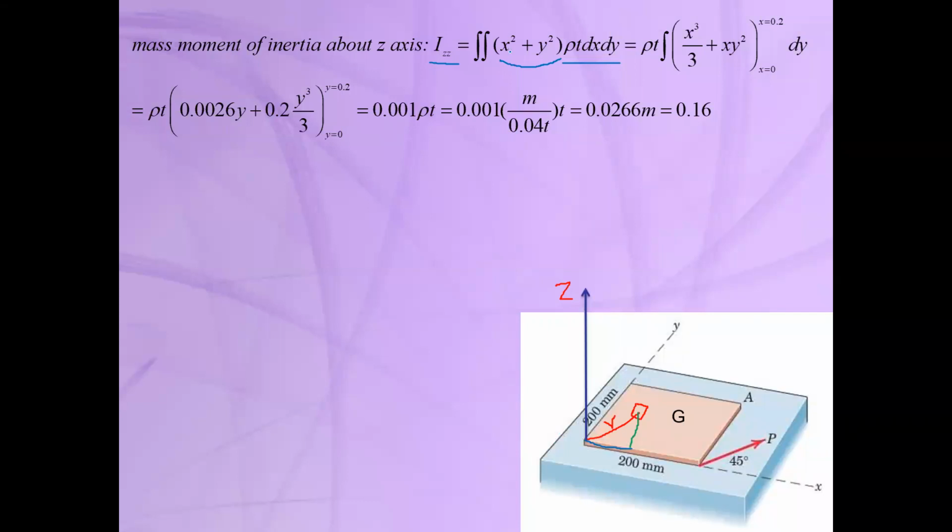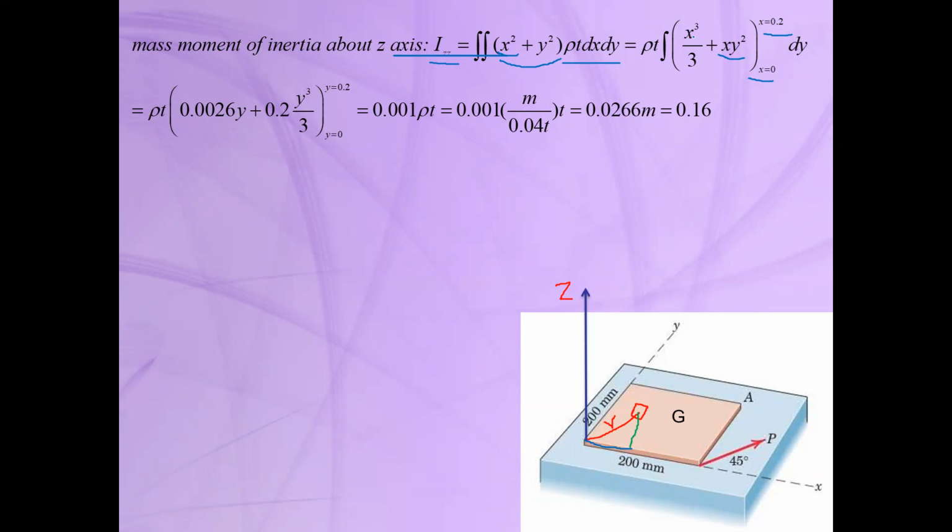When you are calculating the integral with respect to x, here we will have x squared, so the integral with respect to x is x cubed divided by 3, and the integral of y squared with respect to x is y squared times x. When you are calculating the integral with respect to x, y squared is considered a constant value. Now you can substitute x from 0 to 0.2, and then calculate the integral this time with respect to y.